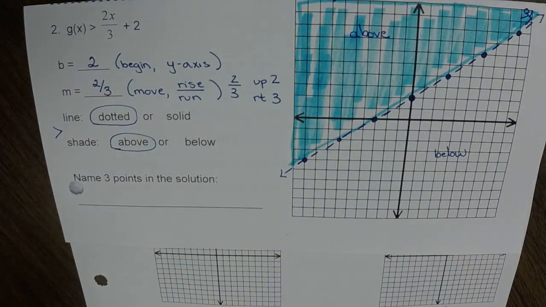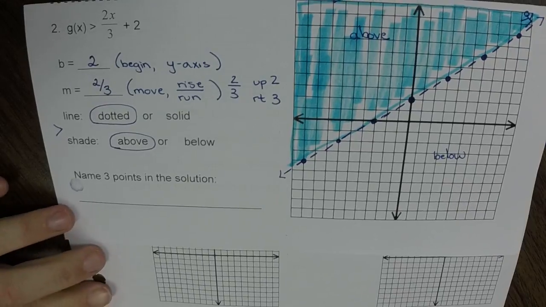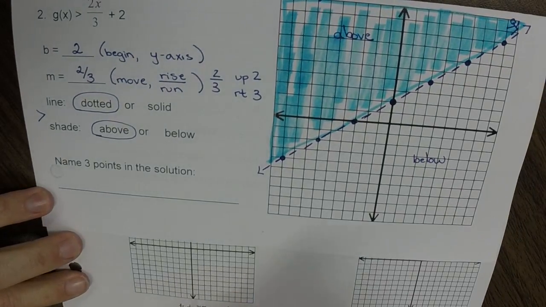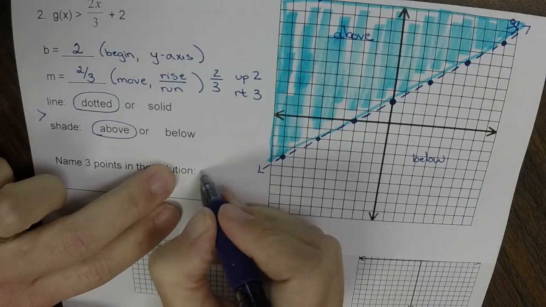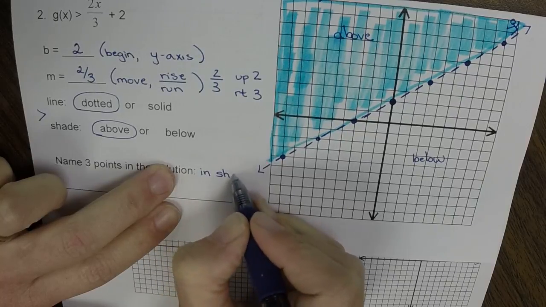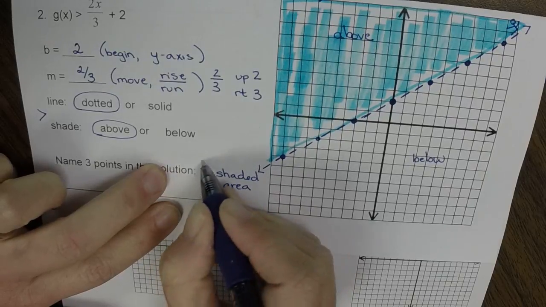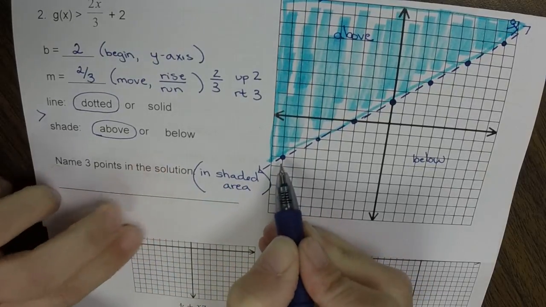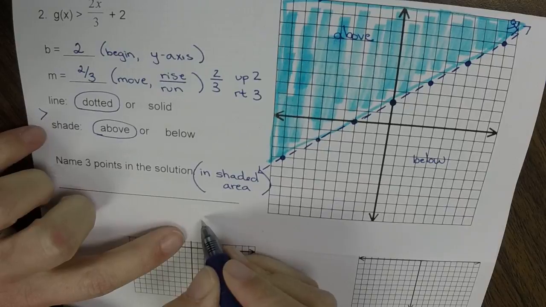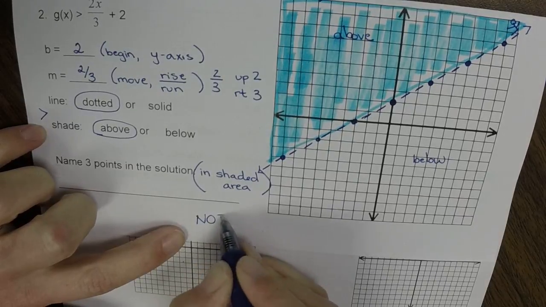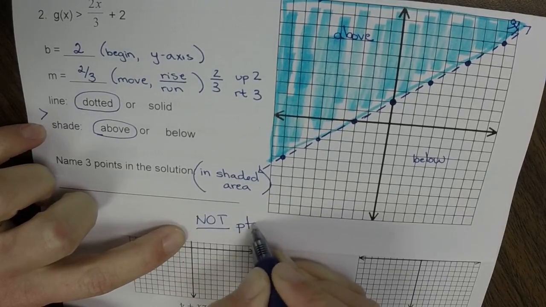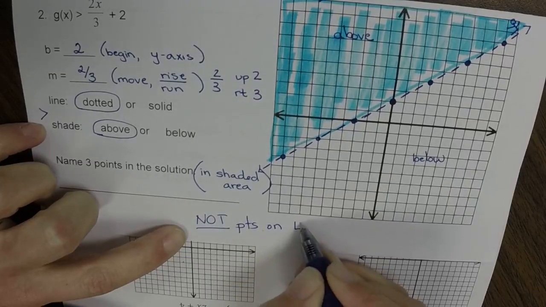So now we're supposed to pick points that are in the solution. Well, this time, that needs to be in the shaded region. And we can pick any points that we want. We cannot pick points that are on the line.